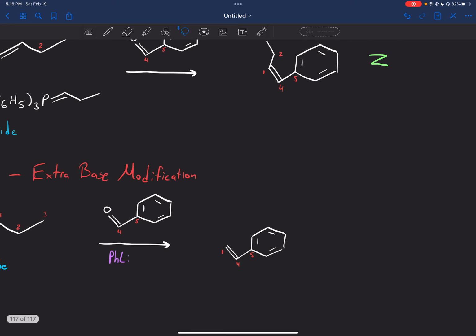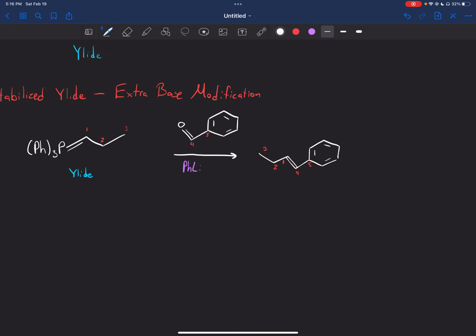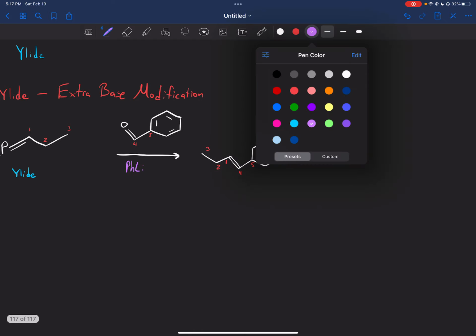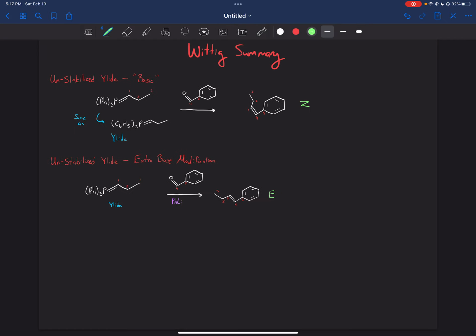Instead of the Z isomer, we get the E isomer. And so we get it so that the two chains are on the opposite side of the double bond. So our major product is the E isomer.